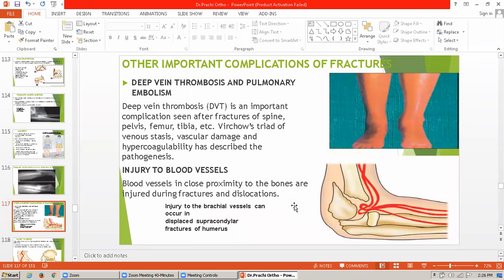Then the other important complications of the fractures are as follows. First is deep vein thrombosis and pulmonary embolism.